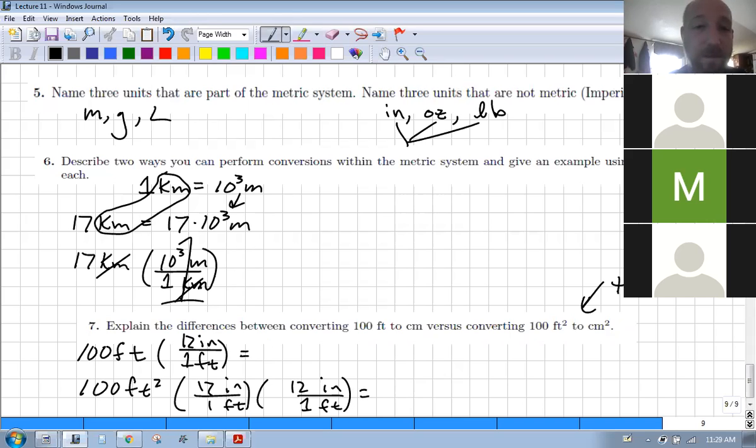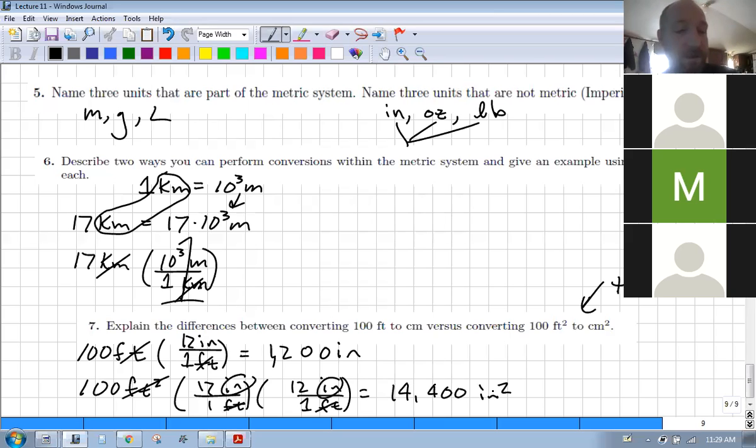This is 1200 inches, whereas this one is 1200 times 12, which is 14,400 inches squared. So they're not the same. There's an extra factor of 12 in there.